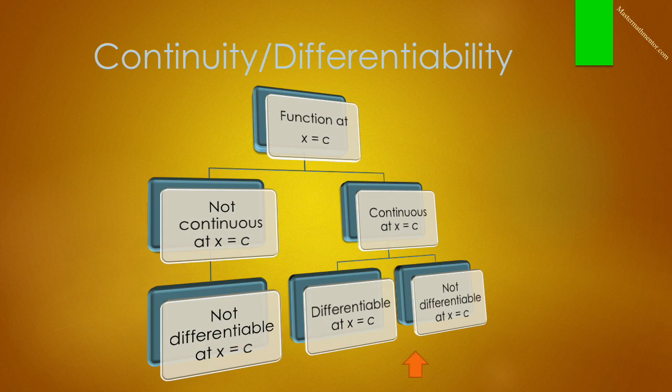However, if the function is continuous at x equals c, then you're going to have to check differentiability. You take the derivative and determine whether the derivative exists at x equals c. If it does, then the function is differentiable at x equals c. If not, it is not differentiable at x equals c.